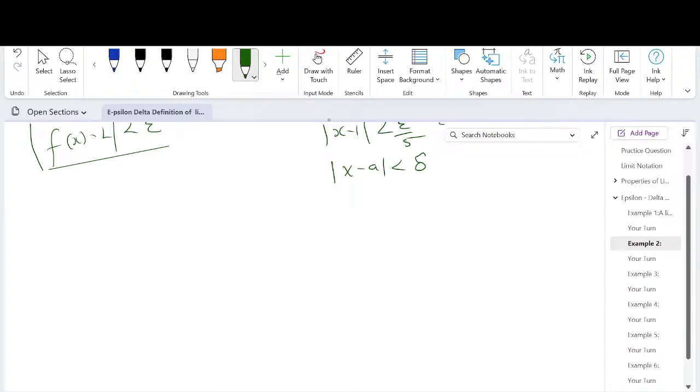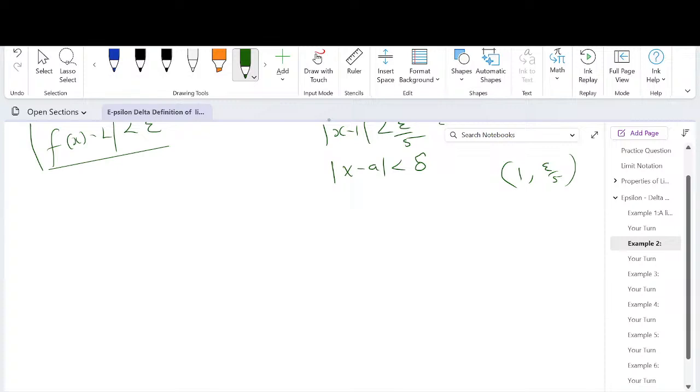So our delta will be something like 1 against epsilon over 5, because we took a new step towards that x minus a.